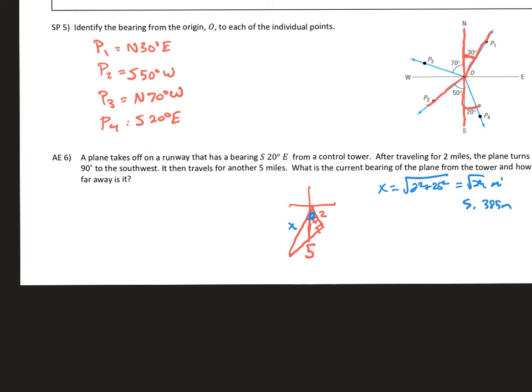And then to find our angle, our theta is going to be the inverse tangent of 5 over 2. And that inverse tangent is 68.199 degrees. But keep in mind that covers this entire distance. So we have to subtract the 20 degrees that it is. And we get our bearing of south 48.199 degrees west.